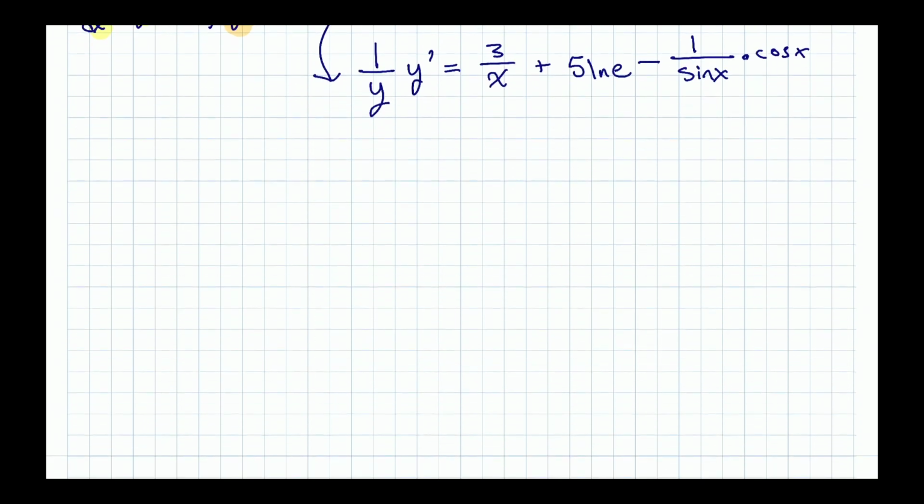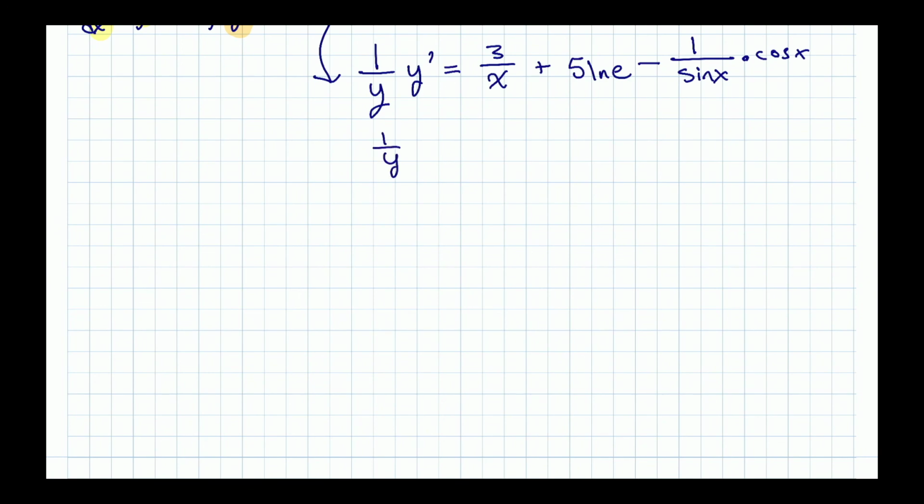That's your derivatives. Now, before we move on, I want to clean this up just a little bit. 3 over x. Ln e is 1, so this is actually just 5 here.